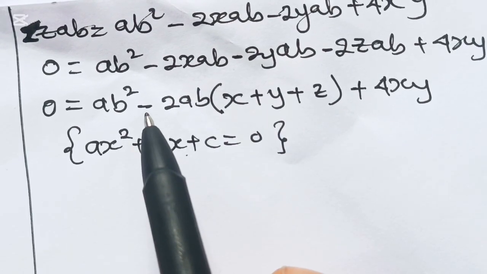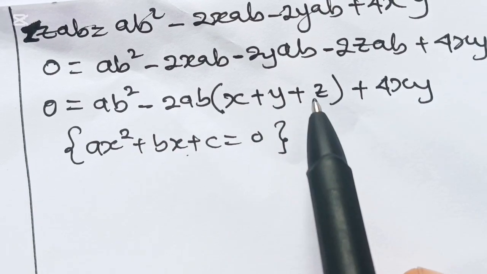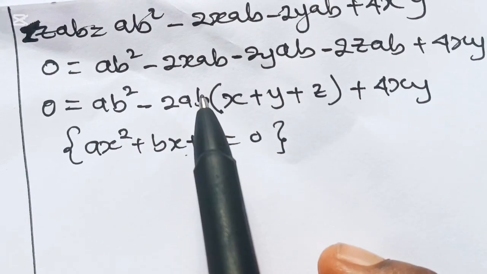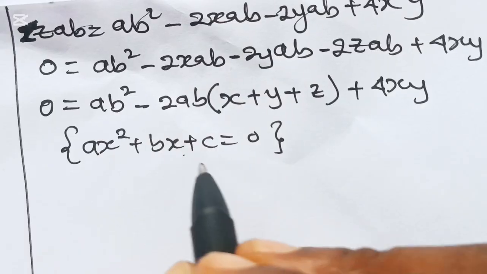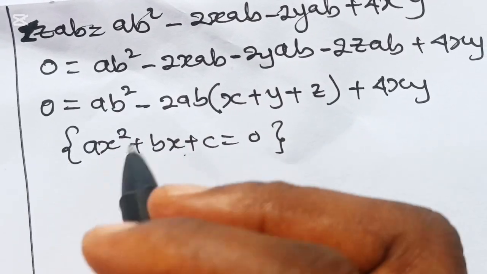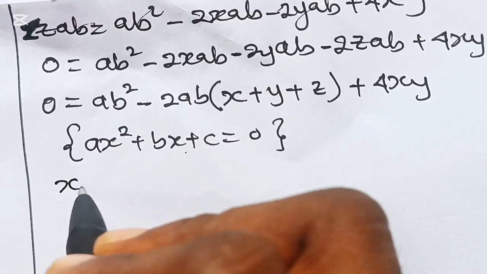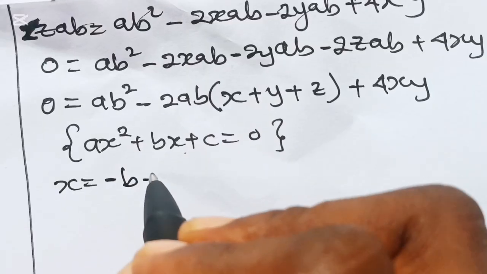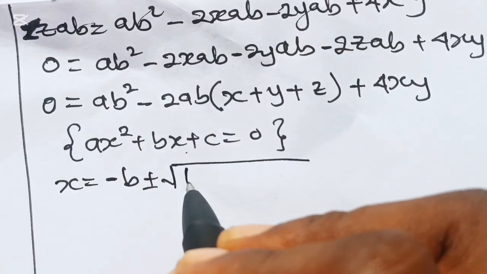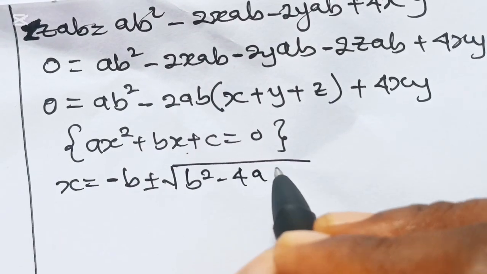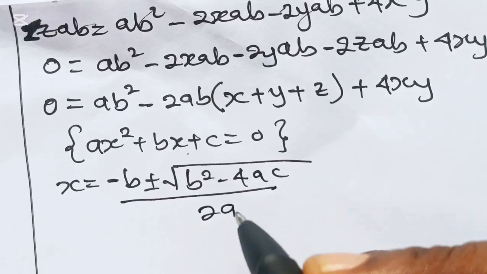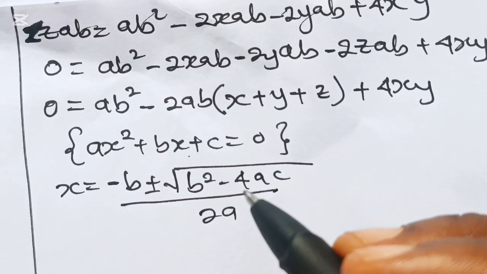Our b here will be minus 2 times x plus y plus z, because this equation is in terms of ab. So if we want to solve a quadratic equation, remember that our x is equal to minus b plus or minus square root of b squared minus 4ac, everything divided by 2a.